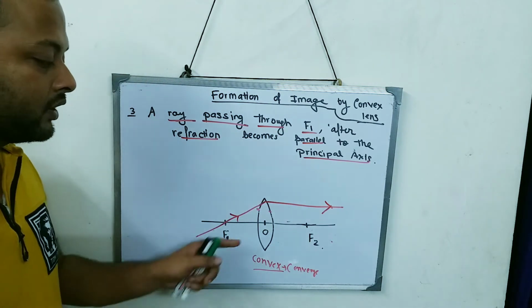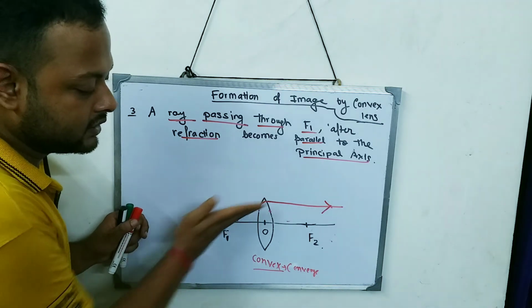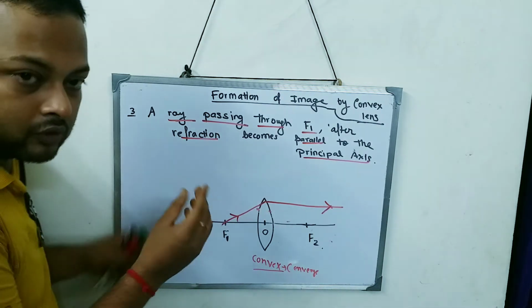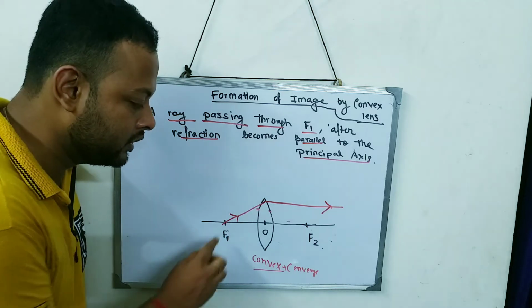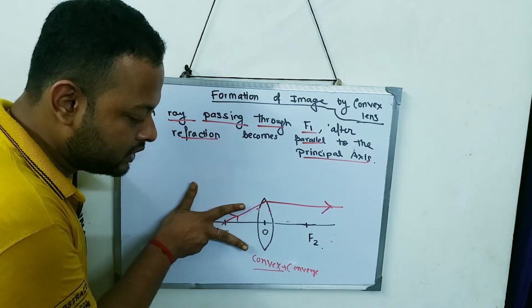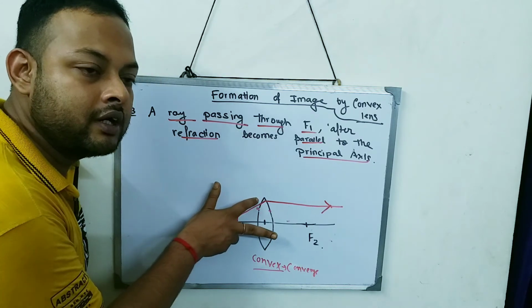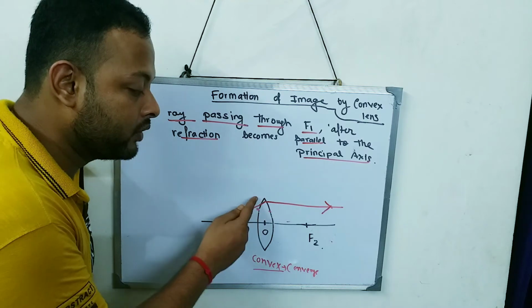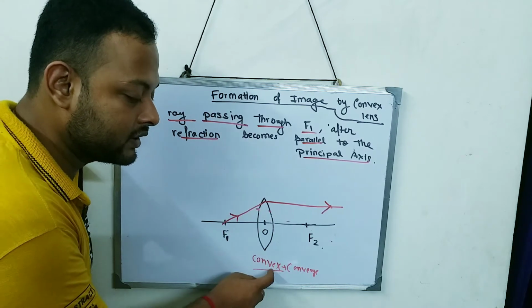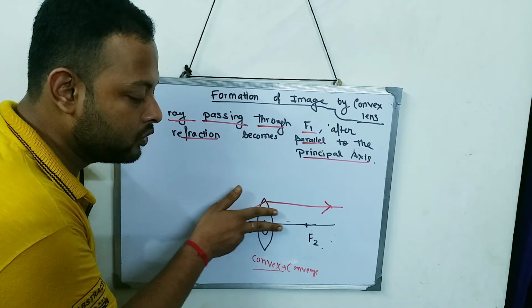So what do you see over here? This ray which is the incident ray, if you look at it very closely, it is a diverging ray. The diverging ray will be converged by this convex lens, because a convex lens has the property to converge. So it won't diverge like this.